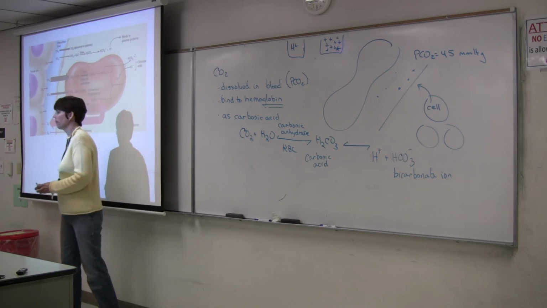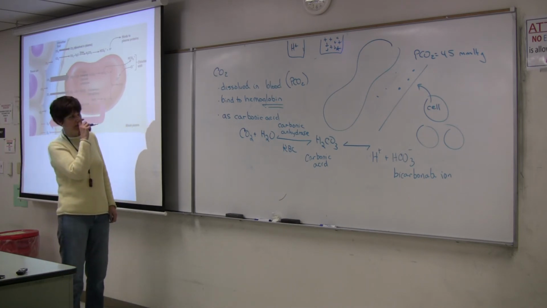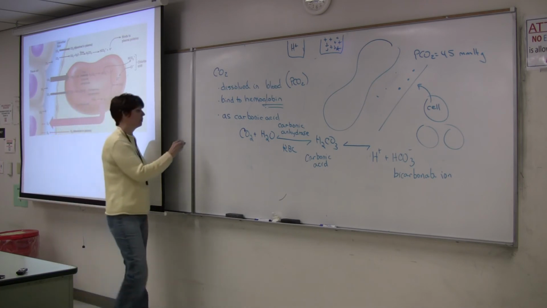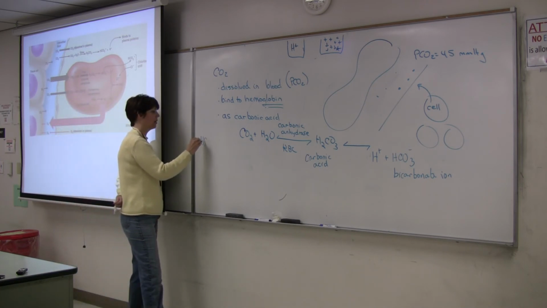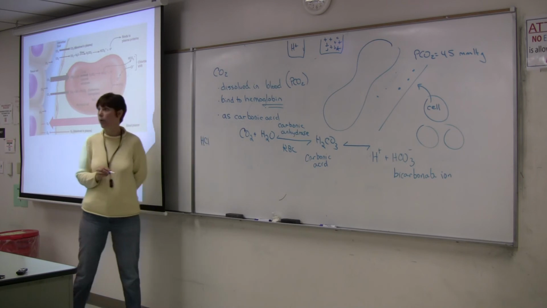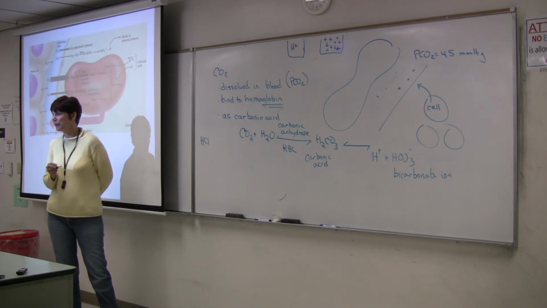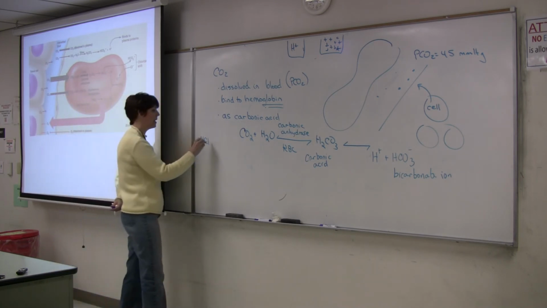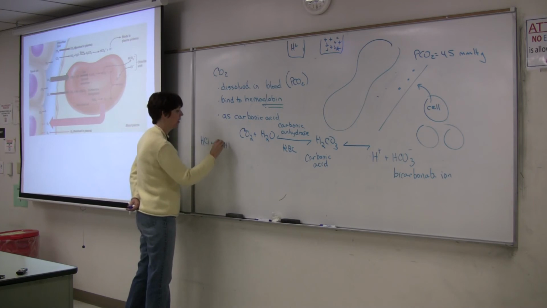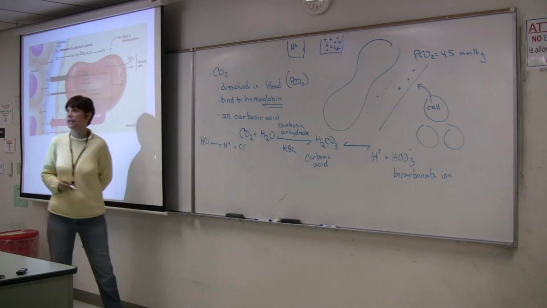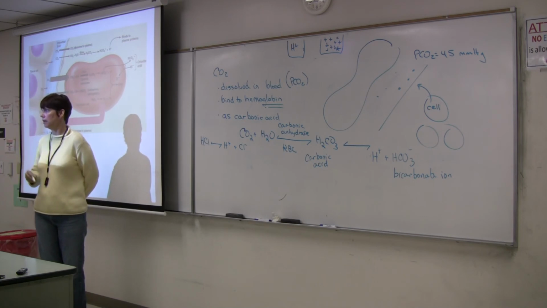Okay? Now, there's another situation. Hydrochloric acid has a pH of about 1 to 2. When it dissociates, it releases a free hydrogen ion, 1 hydrogen ion.